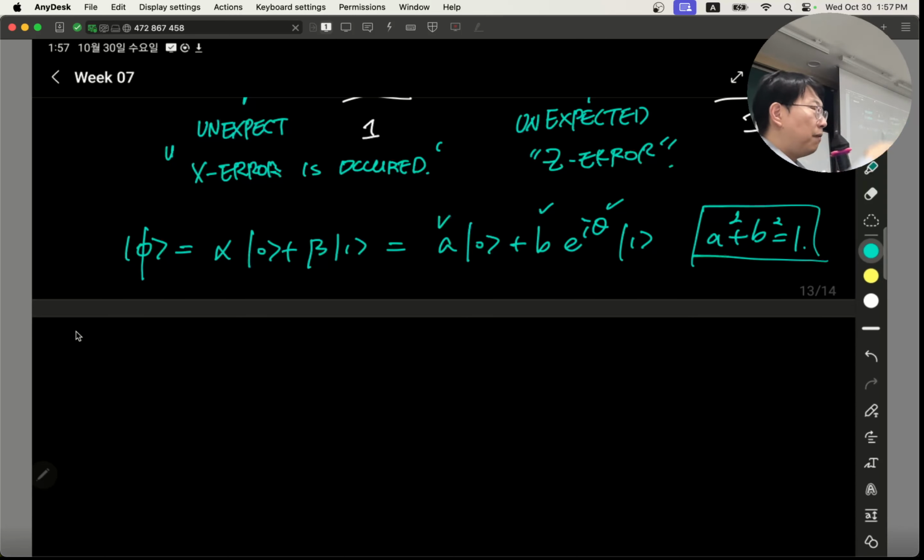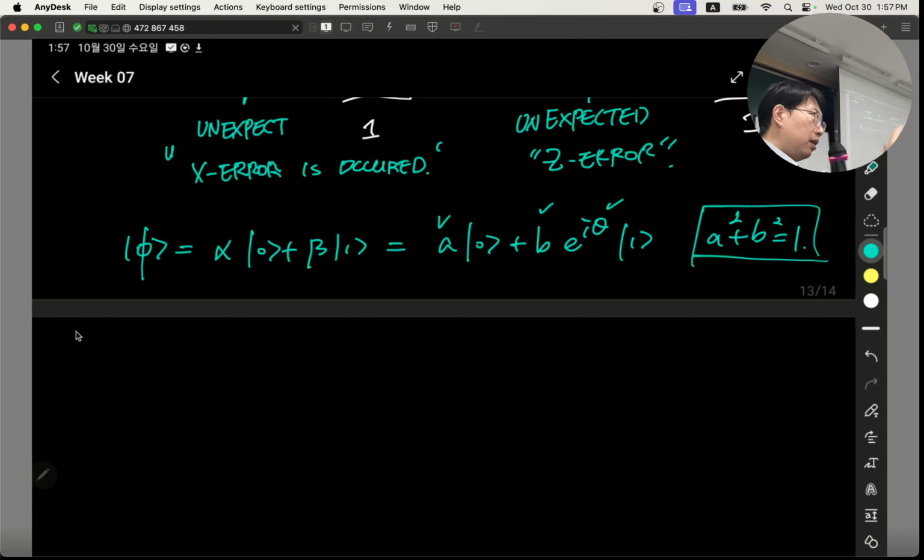Even right after the qubits are prepared, you don't have a guarantee that these values stay the same. But what we can actually measure and detect is whether 0 is turned into 1 or 1 is turned into 0, or after the Hadamard gate, whether a plus ket is turned into a minus ket or a minus ket is turned into a plus ket.